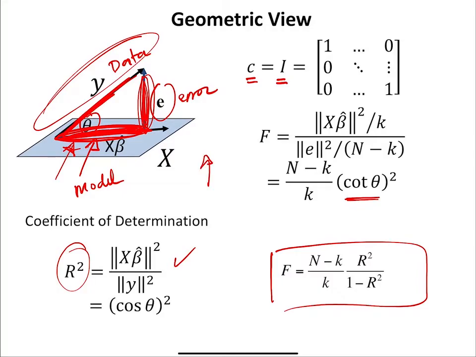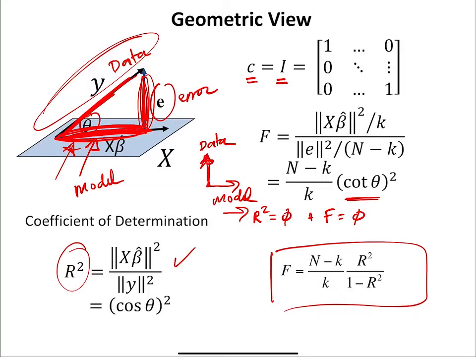If, for example, my data was like this and my model was like that, then none of my data can be explained by my model. In this case, r squared would equal 0. Okay? And also f would equal 0 as well. Okay? Because in that case, the data is here.